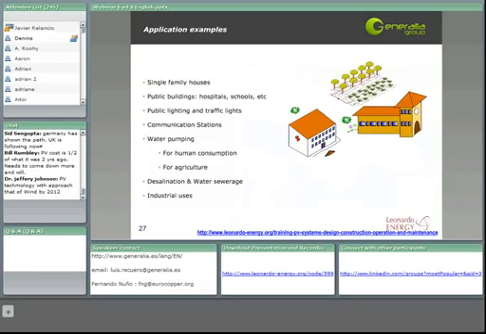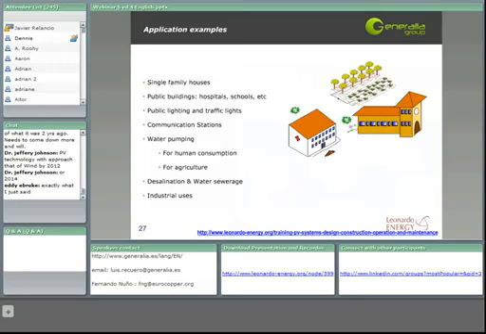Application examples could be single-family houses, but it can also go up to public buildings such as hospitals or schools, public lighting and traffic lights. A lot of cities and countries are introducing and are settling their public lights with this kind of systems.